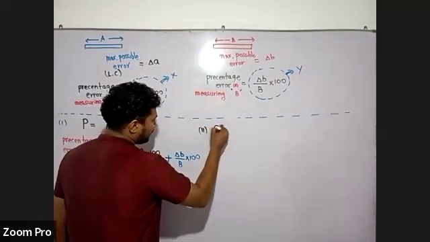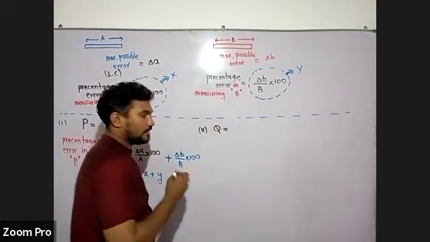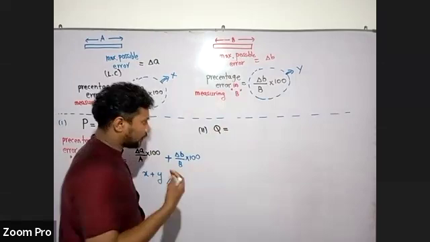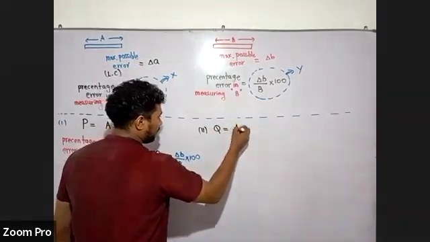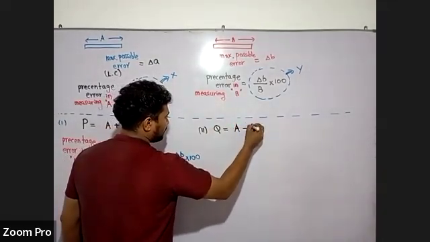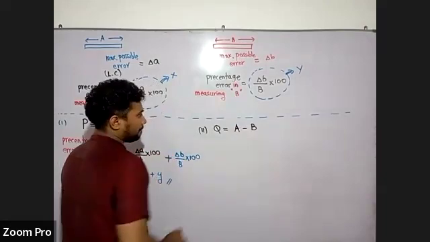So let's assume that, guys, there's another parameter which is called Q. Q can be obtained by subtracting B from A, right?